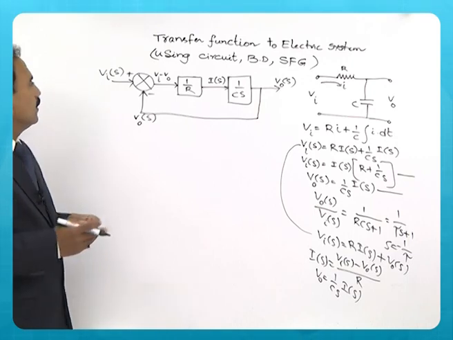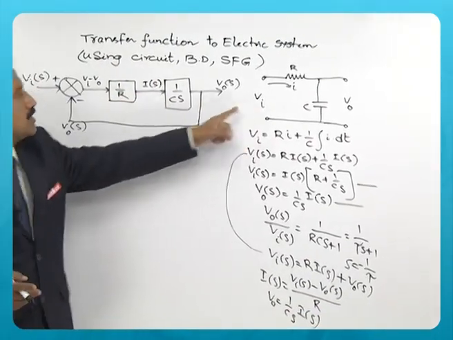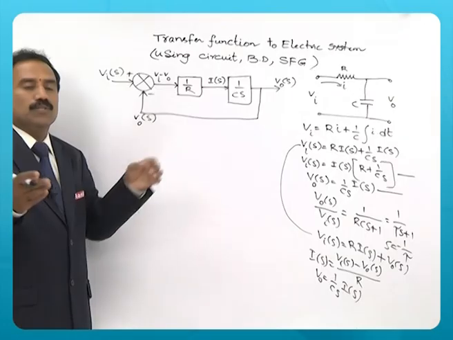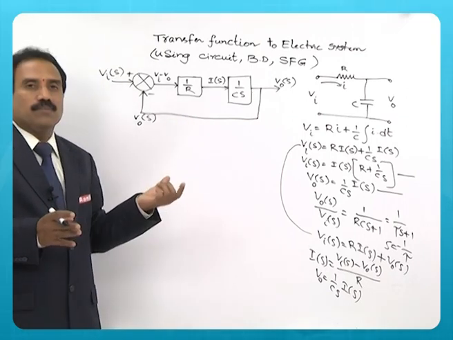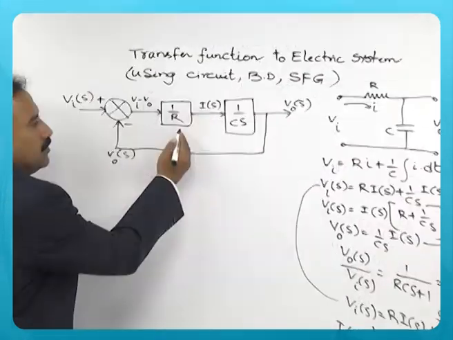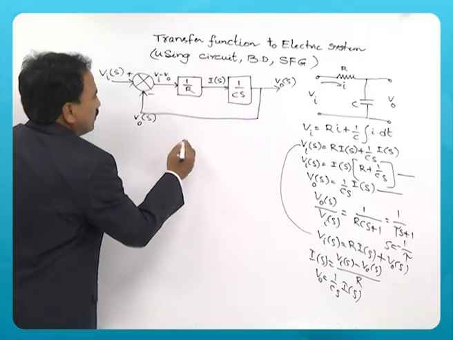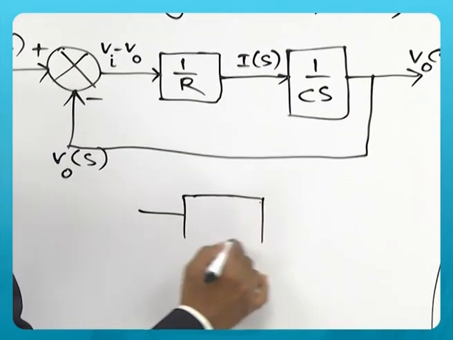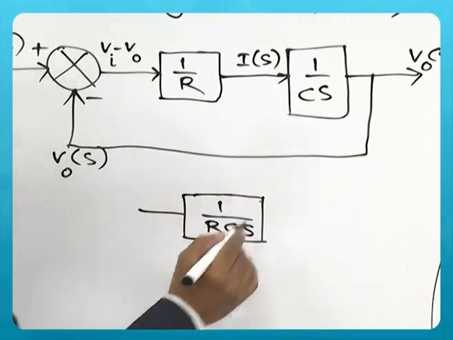If the same electrical circuit is represented in the form of a block diagram, then you may be asked to find the transfer function for this system described by the block diagram. Now these two blocks are in cascade, so you can have a single block 1 by RCs.